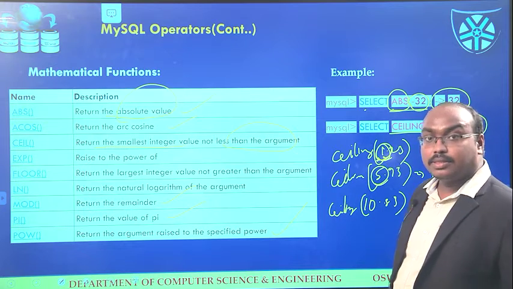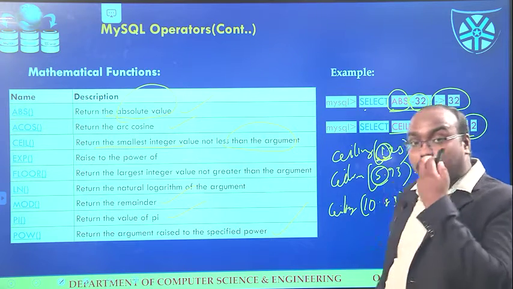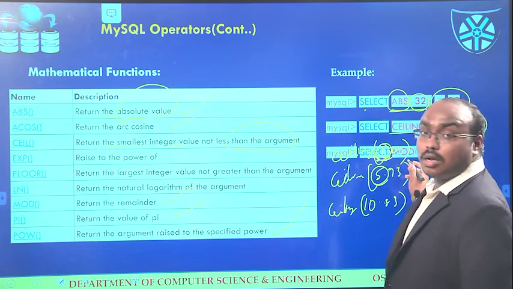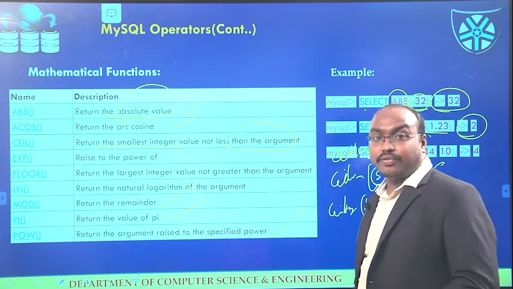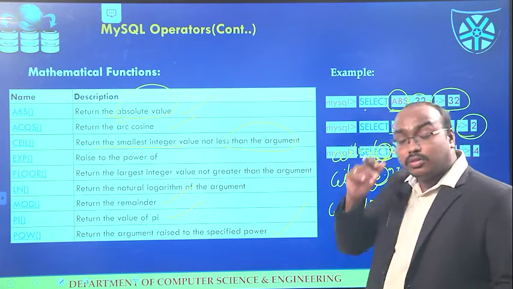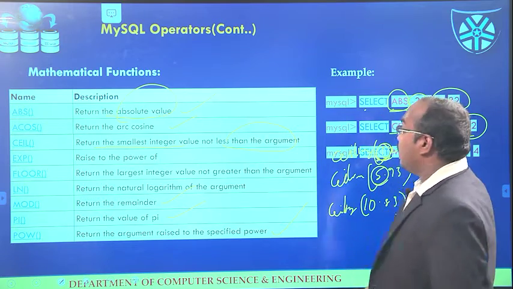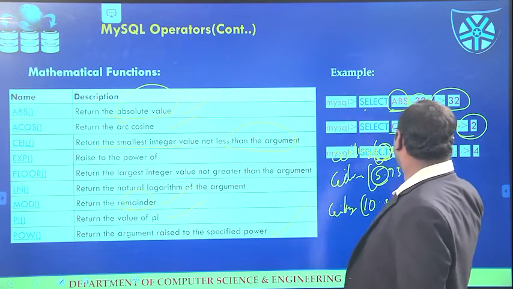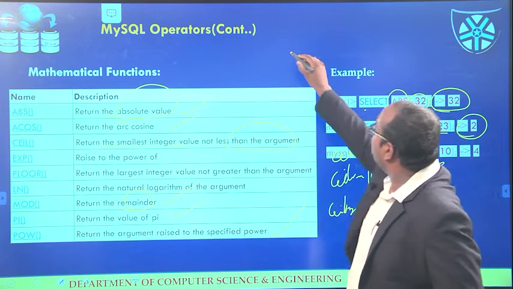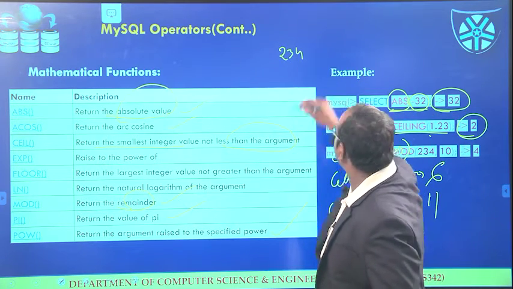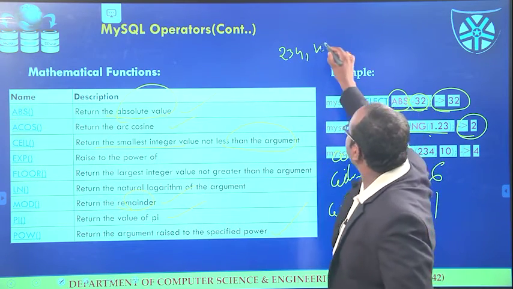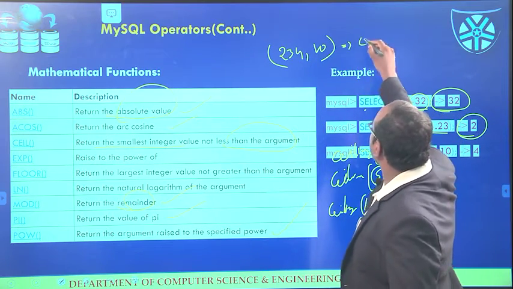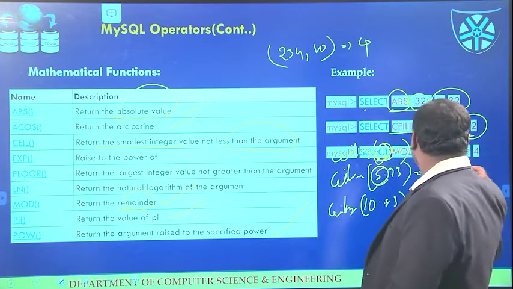What will it return? 11. And the next example, select mod of 234 comma 10. What is the result? The mod function returns the remainder value. What is the remainder of 234 mod 10? The remainder is 4. Then it will return the value 4.